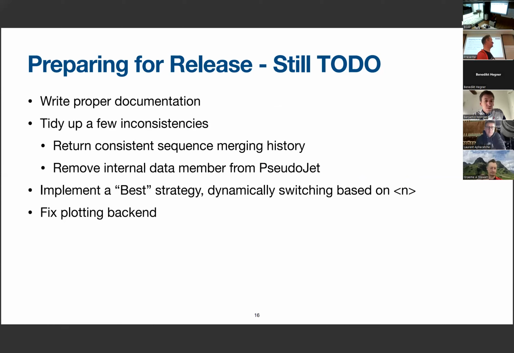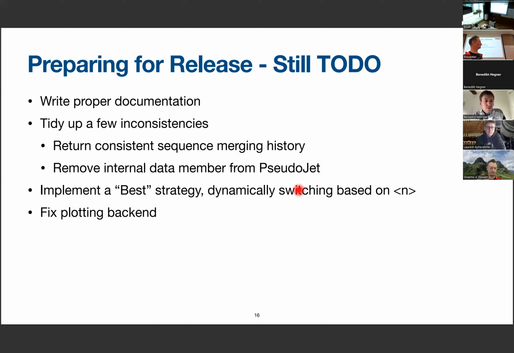Okay, things which haven't been done. Oh God, documentation. Yeah, I mean, we have a better README, but we need to do proper documentation if we actually want to release it. There's a few inconsistencies with the way that we return the sequence merging history. So I think we should go for the FastJet one, because that's the one that people are used to working with. And there's a little optimization that we need to do with the pseudo-jet class, because at the moment it has a data member which is strictly speaking internal to the implementation, but that should be easy enough to remove.